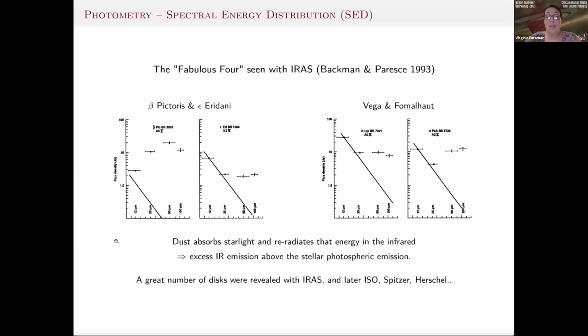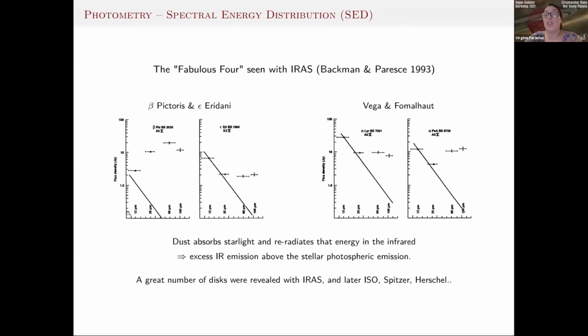When you plot the flux as a function of the wavelength, you have your star. Here is the tail of the star spectrum, and this is what you expect it to be. But instead of something that follows these lines, your measurement points are above the level that you would expect.